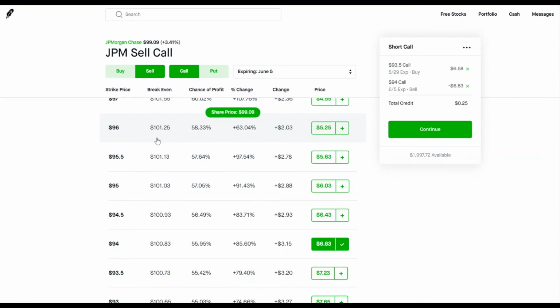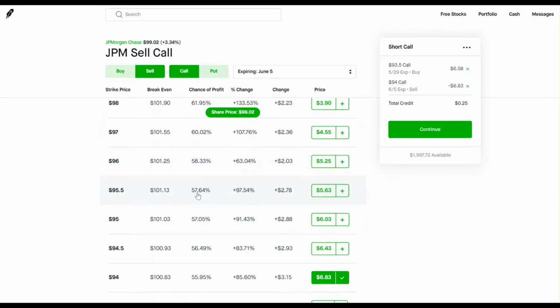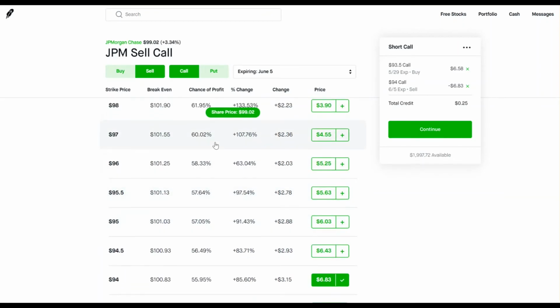So let's say a couple of weeks out, I adjusted it and I sold at the 95.5 strike price, and the stock is sitting at 96. So that week, what you can do is two things. Either you just buy it back and wait, or you just go ahead and sell a 97 or a $98 call.